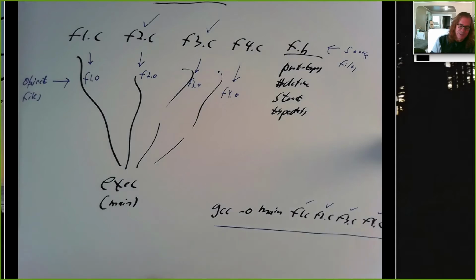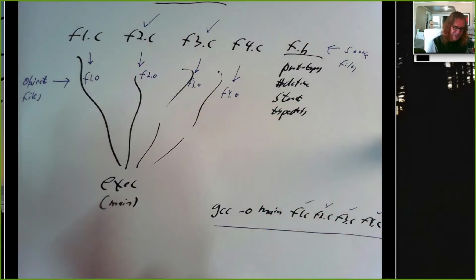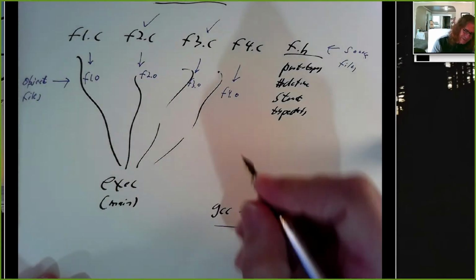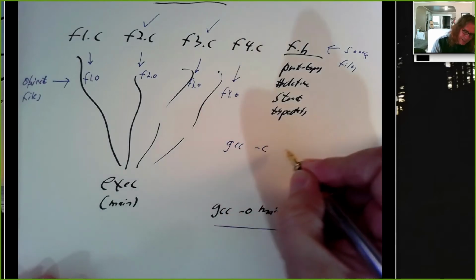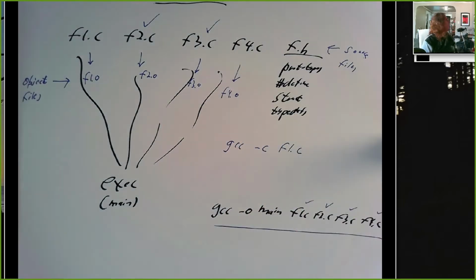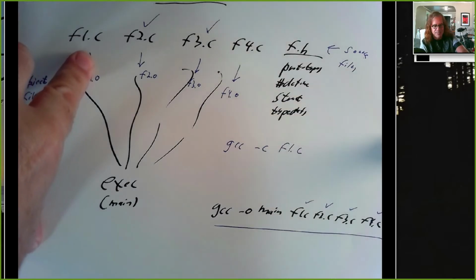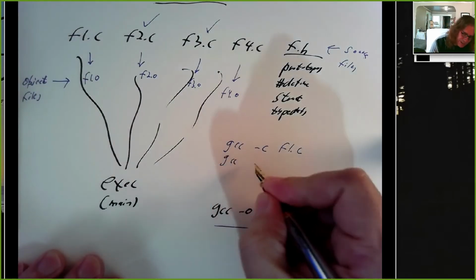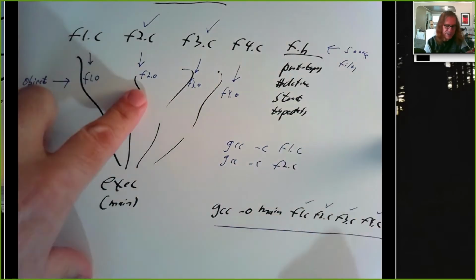But it's very efficient. So if we compile these things down to object files, we say gcc -c f1.c, that creates an f1.o. And if we say gcc -c f2.c, that creates an f2.o.